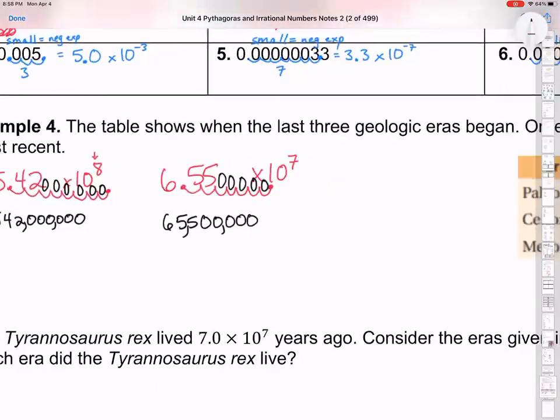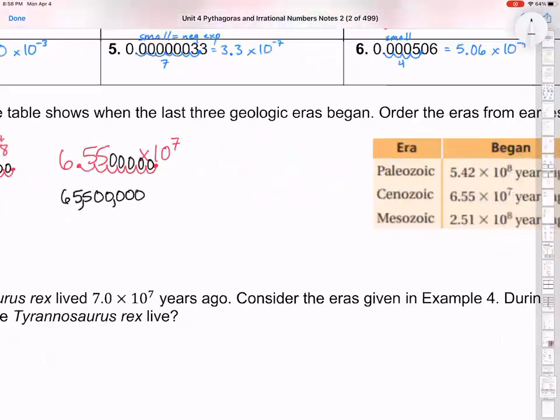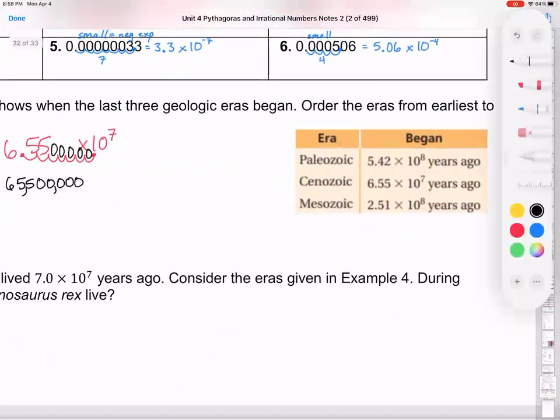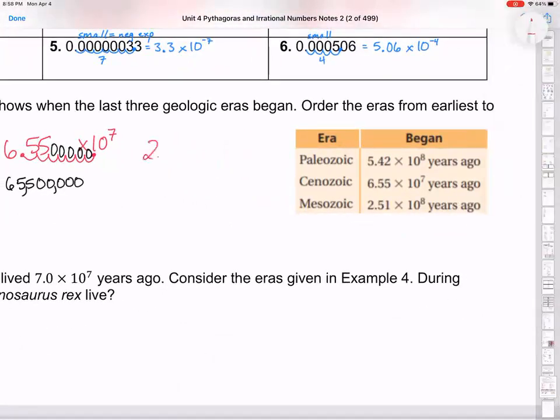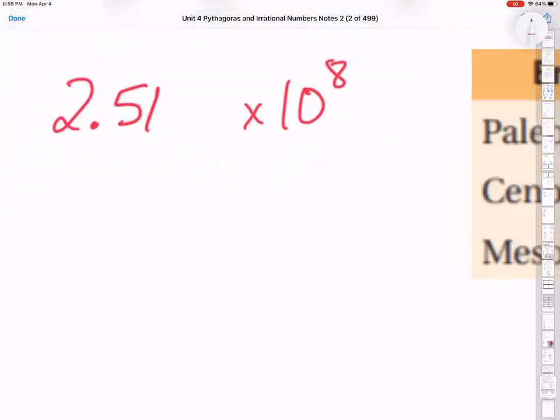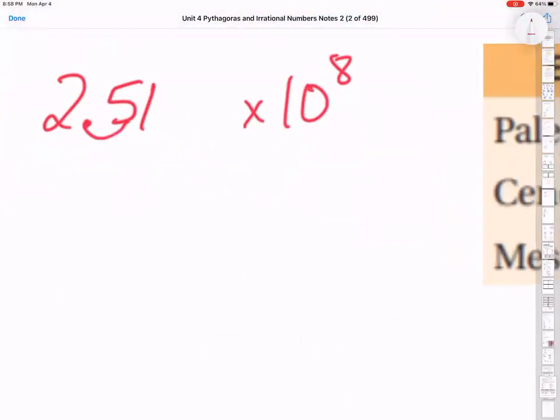And then finally, the Mesozoic. So 2.51 times 10 raised to the 8th power. We would be moving this decimal over 8 times. So 1, 2, 3, 4, 5, 6, 7, 8.